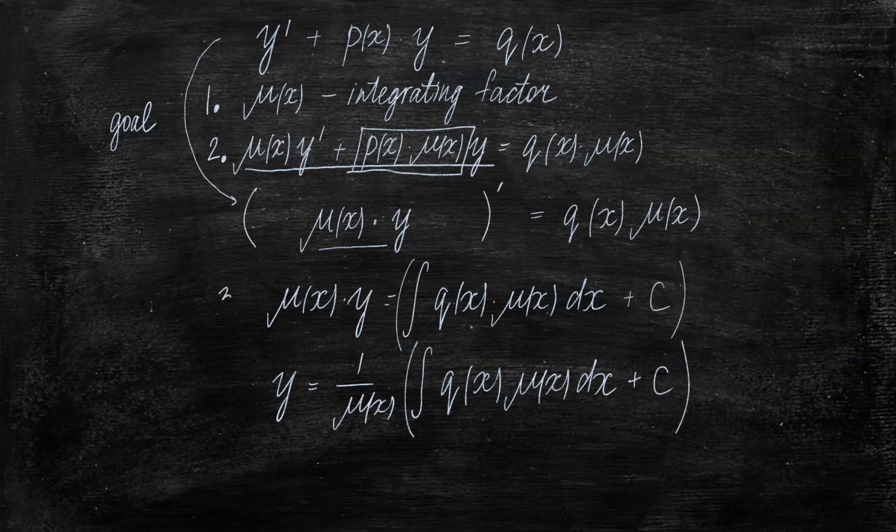And then step 3, we integrate the right hand side and then isolate the y to produce the general solution in explicit form. And then, if necessary, if the initial value is given, we can use it to find the value of c that solves the initial value problem. So this is going to be our way of solving first order linear differential equations. And next we do a few examples.